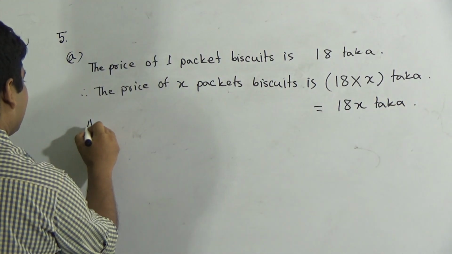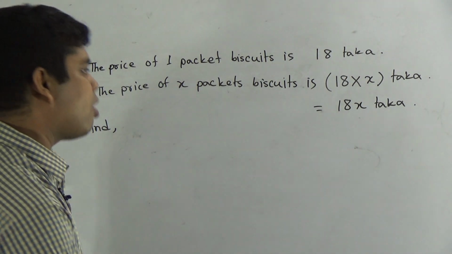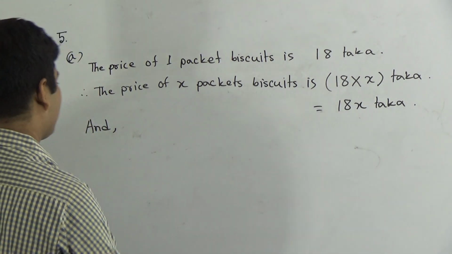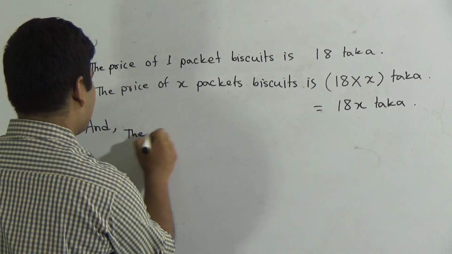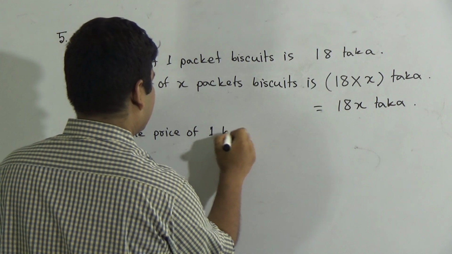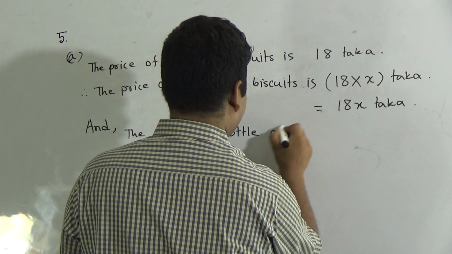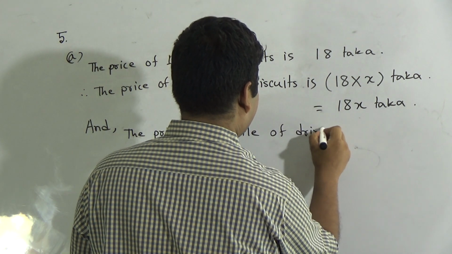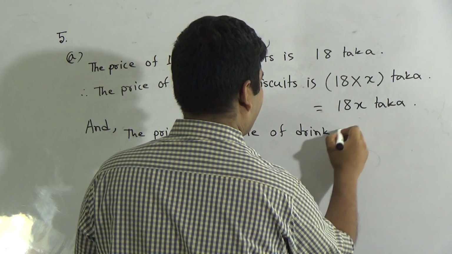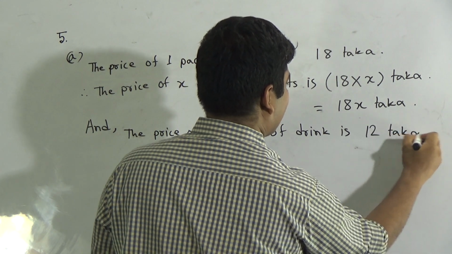And the price of 1 bottle of drink is also given, which is 12 taka, right? The price of 1 bottle of drink is 12 taka.